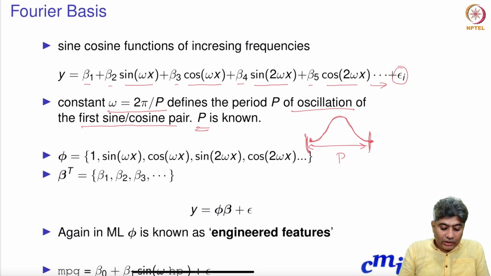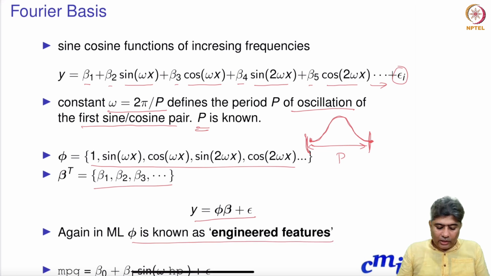For the time being, we are just assuming p is known, and for many real life examples, p is indeed known. So our basis system is phi, and beta is beta 1, beta 2, beta 3, and you can effectively write y = phi beta + epsilon, and this phi is, as discussed, known as the engineered feature.